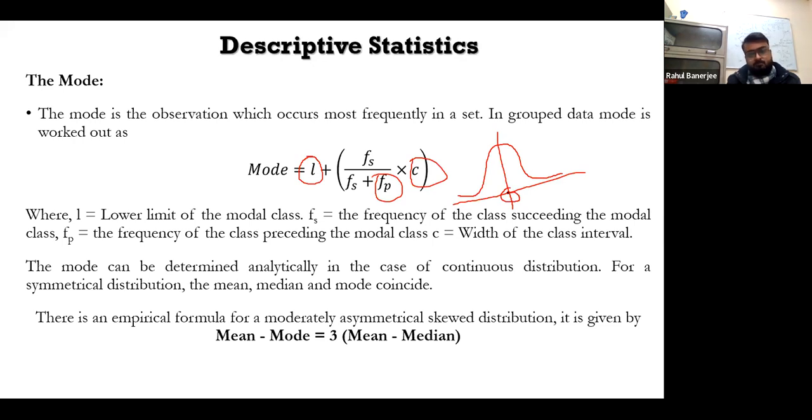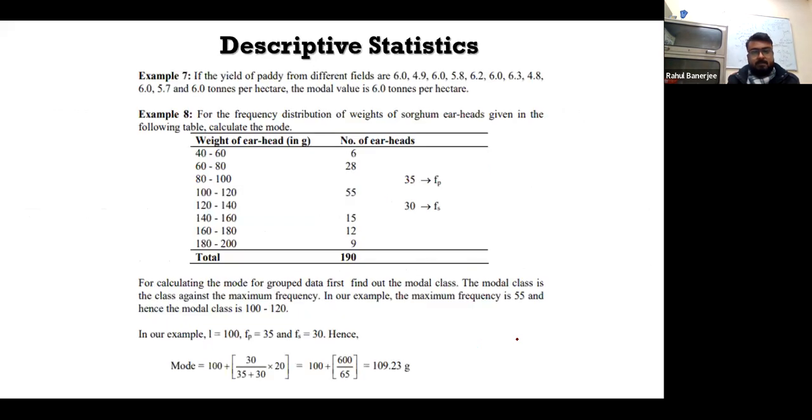But if the distribution is slightly skewed, then this relationship holds: mean minus mode is thrice the mean minus median. So if you know the mean and the median, you can find the mode. Or if you know any two, you can find the third.